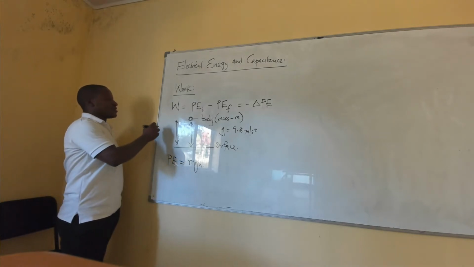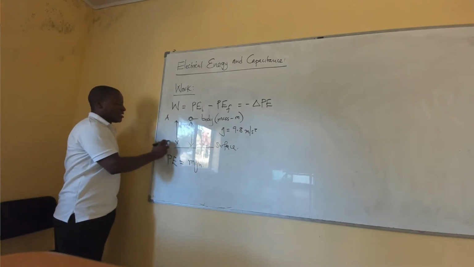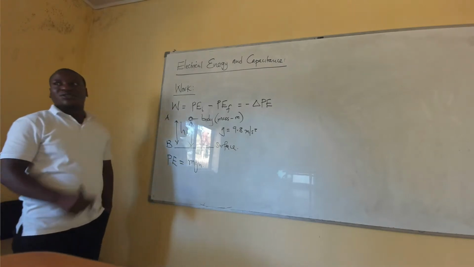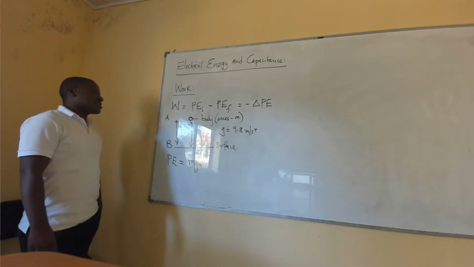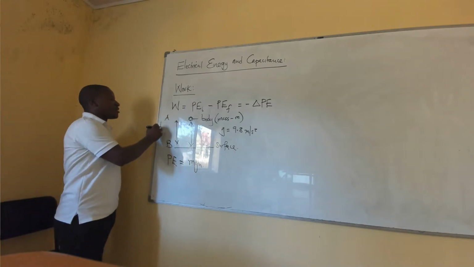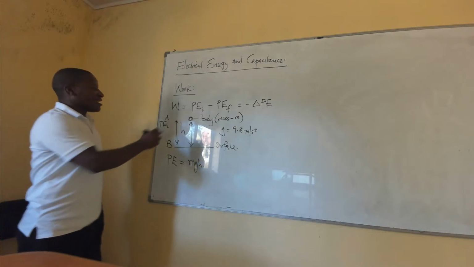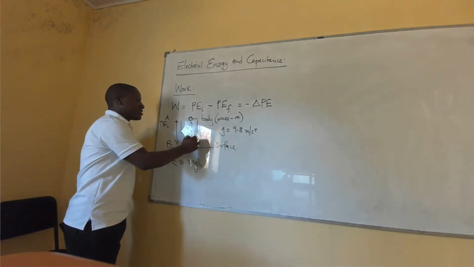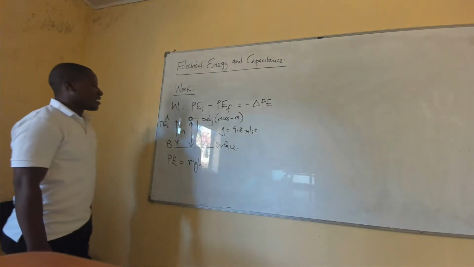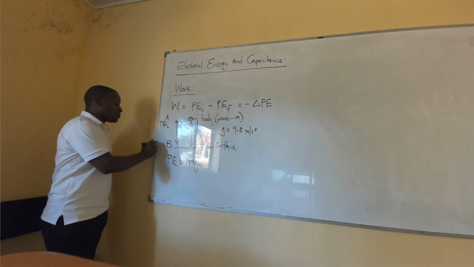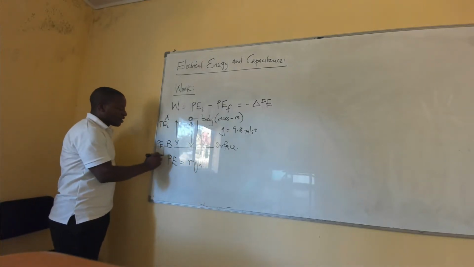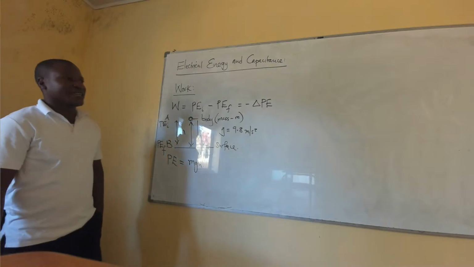Let's take, for instance, this is at point A, that is at point B. At point A, that's where we have the initial potential energy. Then, assuming this body is dropping to the ground, we have point B, which gives us the final potential energy.